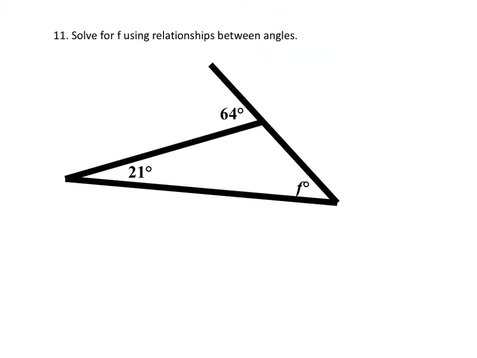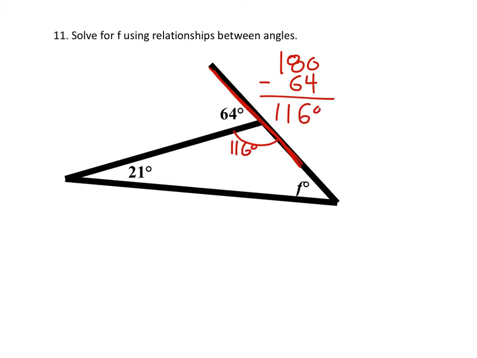On number 11, you could solve for this interior angle here, which can help us to solve for F. Or you can use remote interior angles, it's not going to matter. This is a straight angle with the 64 degrees, so I can take 180 and subtract 64, and then I get 116 degrees, so that's this angle.